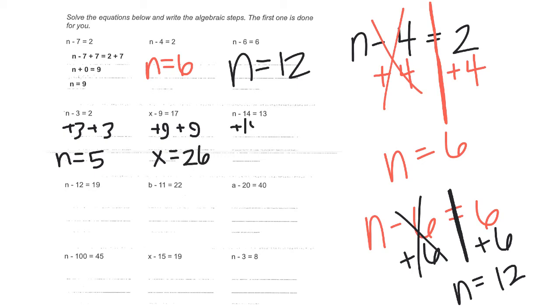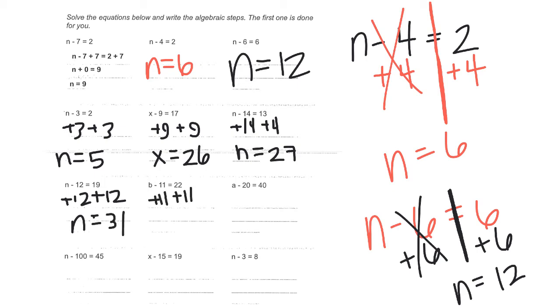Add 14 to both sides, and I'm left with n equals 27. Add 12 to both sides. I'm left with n equals 31. Add 11 to both sides, b equals 33, add 20 to both sides, a equals 60, add 100 to both sides.